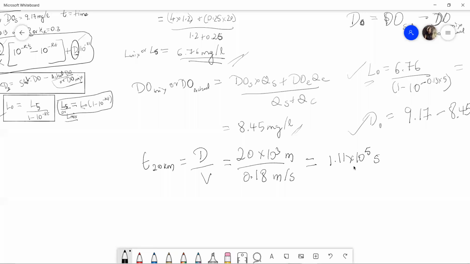So you are converting that into days, divided by 24 into 60 into 60. So it will become, in days, 1.28 days. So the time required for the effluent to travel through the stream for 20 kilometer distance is 1.28 days.